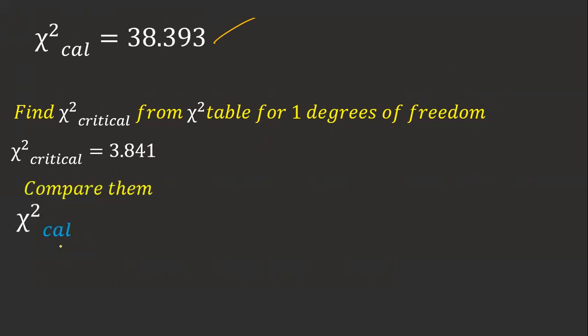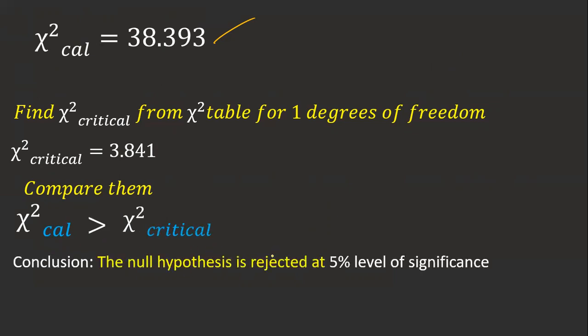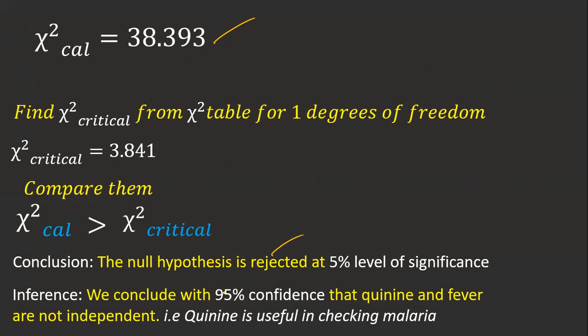Obviously, the calculated value is greater than the critical value. Therefore, we reject the null hypothesis at the 5% level of significance. We conclude with 95% confidence that the medicine quinine and fever are not independent. That means quinine is useful in checking malaria.